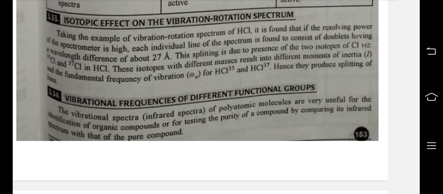This splitting is due to the presence of two isotopes of chlorine, chlorine 35 and chlorine 37, in HCl. These isotopes with different masses result in different moments of inertia and fundamental frequency of vibration for HCl 35 and HCl 37. Hence, they produce splitting of the lines.